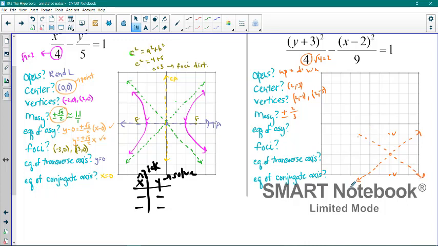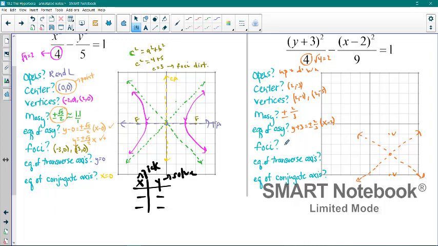There are my asymptotes. The equation of my asymptotes will be y minus the y part of the ordered pair, well, minus -3 is +3, equals positive or negative 2/3 times x minus the x part of the ordered pair, x minus 2.